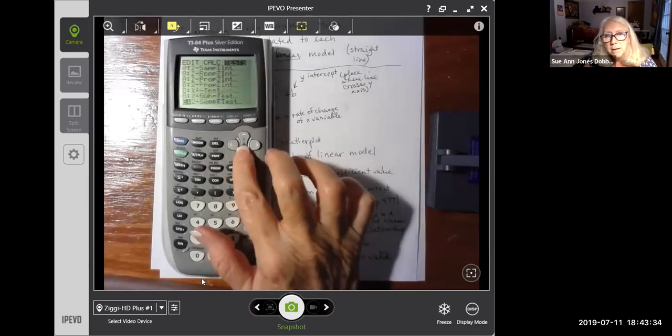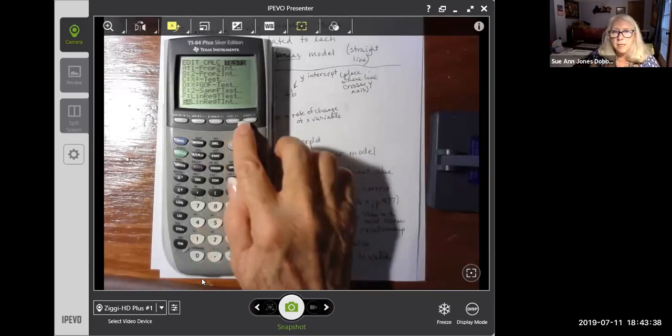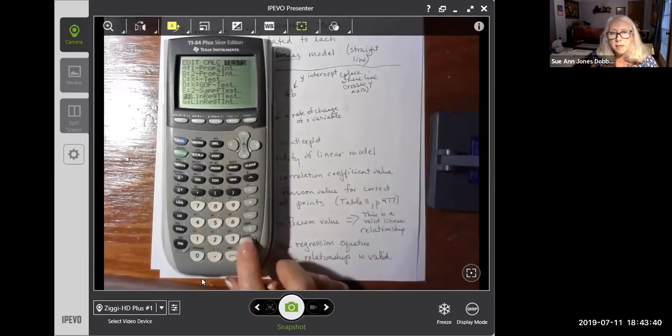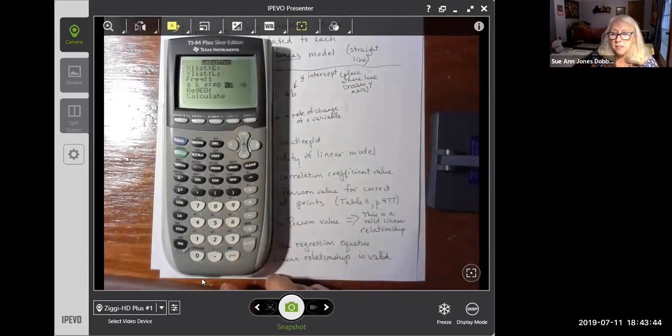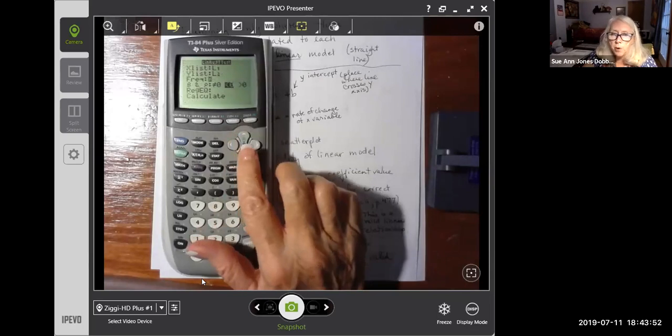There it is, linear regression t-test. So I'm going to hit enter, and it asks me where's the X list. It was in list 1. Where's the Y list? It was in L2. A frequency just means how often do I count each point. You count it only once.